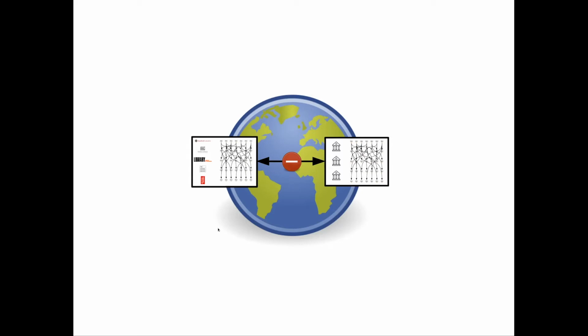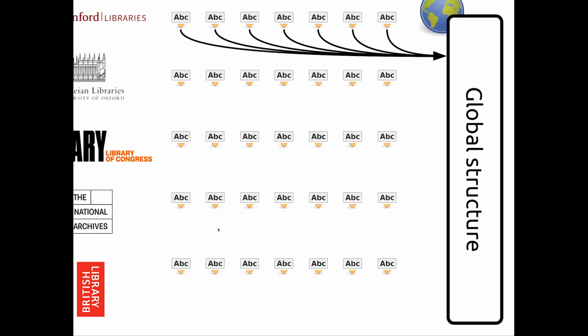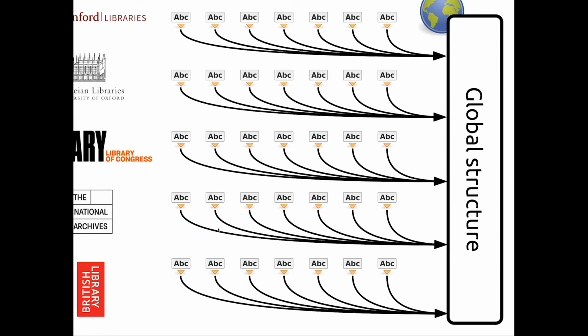Another way of doing it would be to imagine a global structure, a place where every possible field that we will ever need exists. And if every possible field is there, I can easily connect all my fields from one database to that. And everybody can do the same. So we all push our data to this global structure that has space for everything and search that.